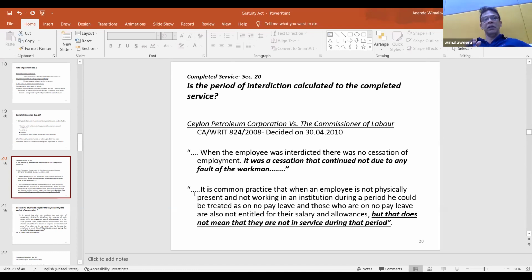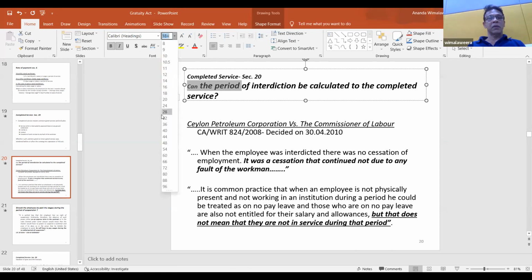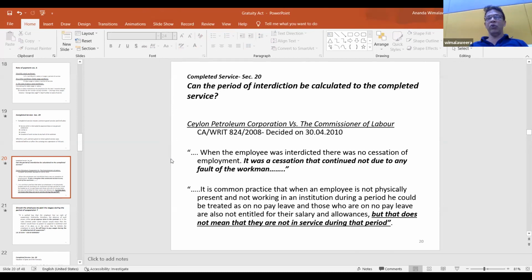Instead of "is", put it like this: can, not is. Can the period of interdiction be calculated to the completed service? Right.